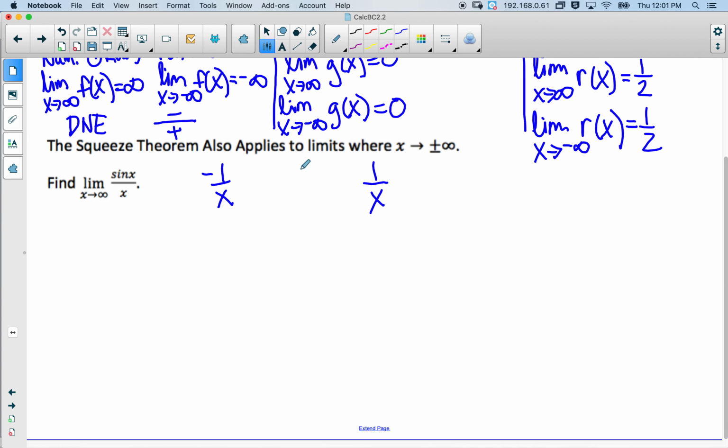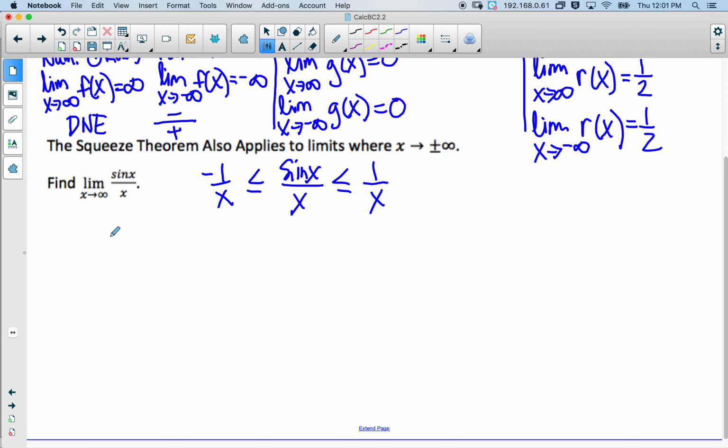We have verified that sine x over x is in between these two functions, and the limit at infinity is equal to 0, and the limit at negative infinity is equal to 0.